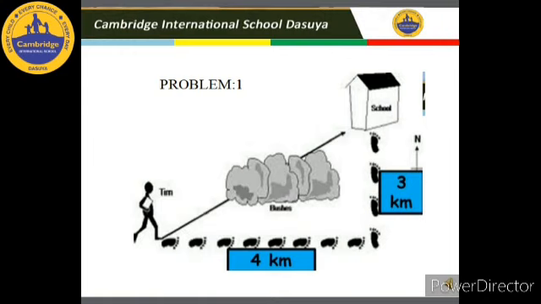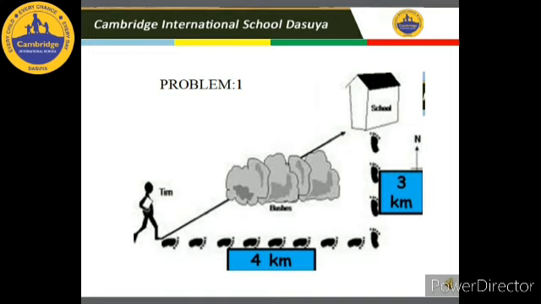Now, let's understand the concept of distance and displacement with the help of an example. In this problem 1, the student is standing at point A and wants to go to school, which is at point C. The footprints shown in the figure is the actual path which the student has to follow.